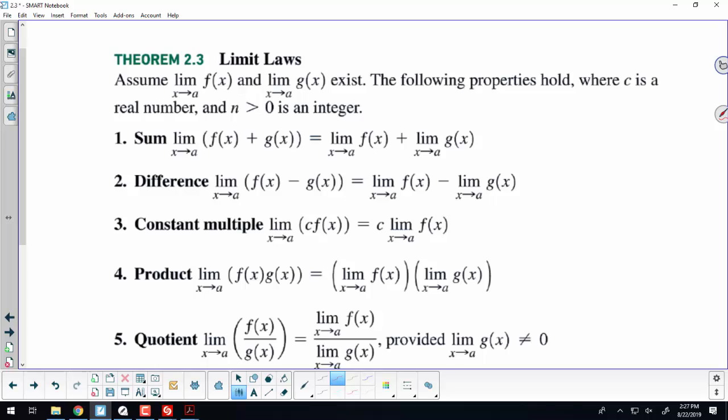We're looking at two different functions, f and g, and assuming that their limits exist. Then we look at what happens if I take one function plus another function. What this theorem is saying is that if I've got the sum of two functions and I'm computing the limit of that, I can distribute that limit operation across the sum and I can distribute it across the difference.